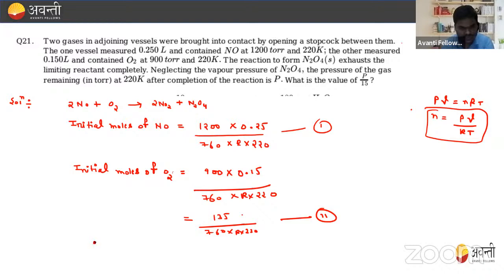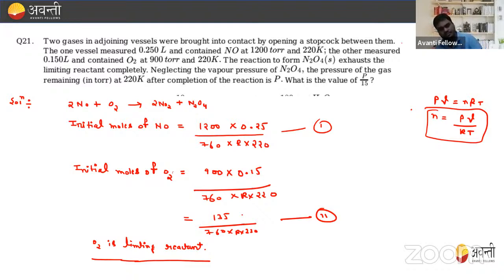The first thing we find is that between NO and O2, O2 is the limiting reactant, so everything will depend on O2 only. By calculating the number of moles, we get to know that O2 is the limiting reactant.